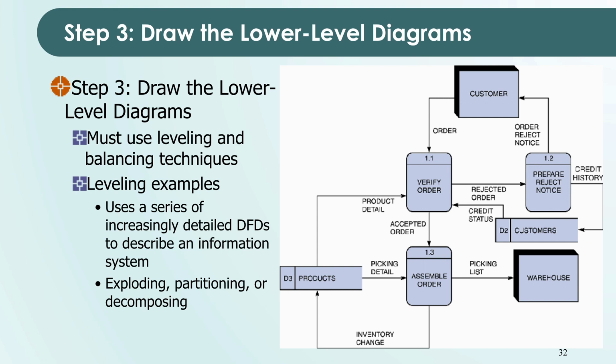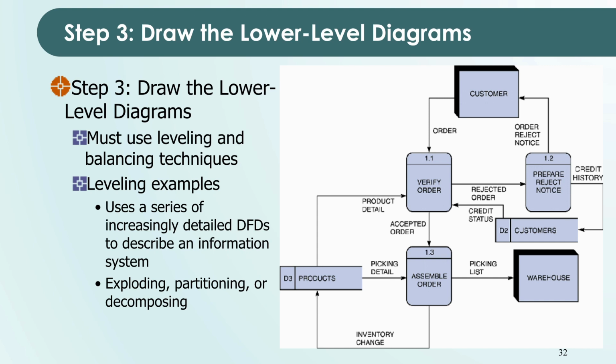As a system analyst, you have to identify all of these small sub-processes, so that your system can solve every single problem that arises. To do this, you have to use the leveling and balancing techniques.